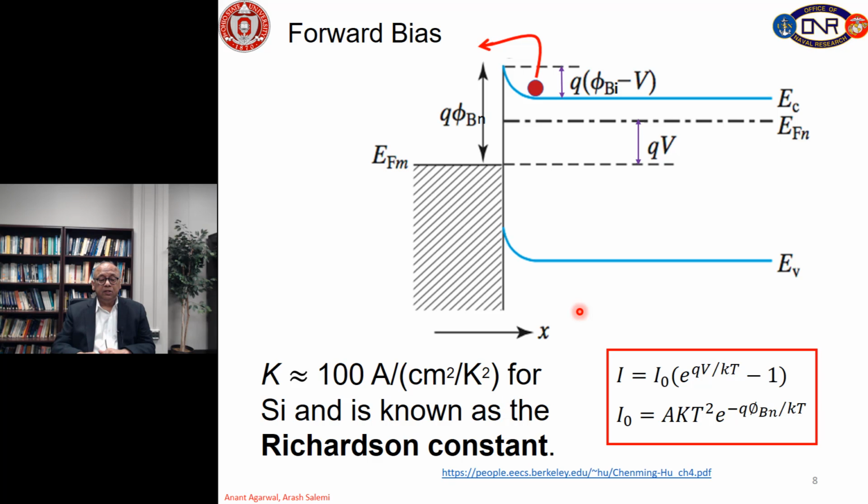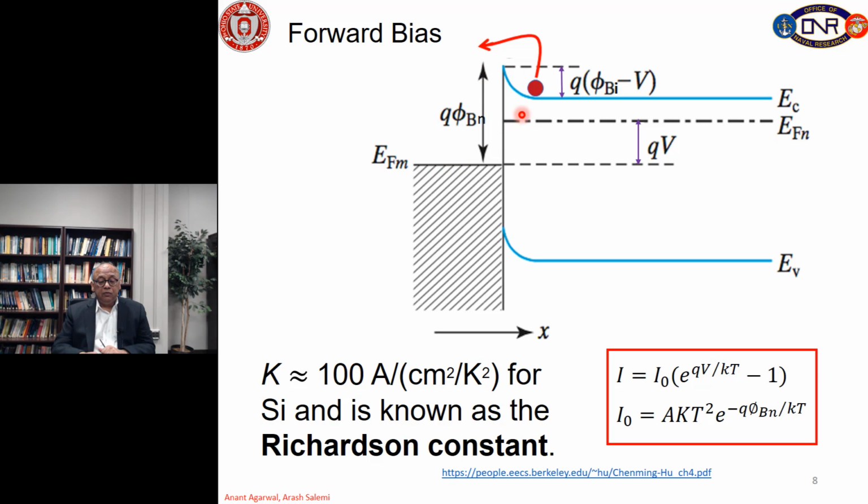So, if you can see what is happening in this energy band diagram, that barrier phi bi is reduced by the applied forward voltage V, and therefore, once this barrier is reduced, it is easier for the electrons to go from right to left. This is called thermionic emission over the barrier, and current starts flowing in the external circuit.